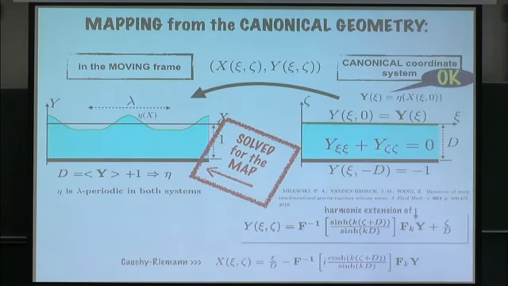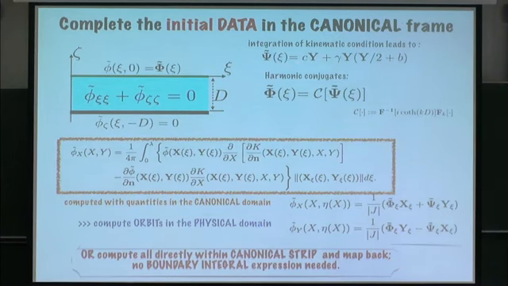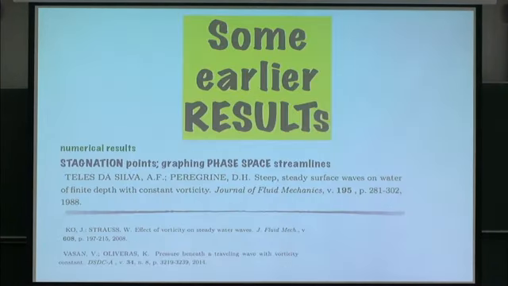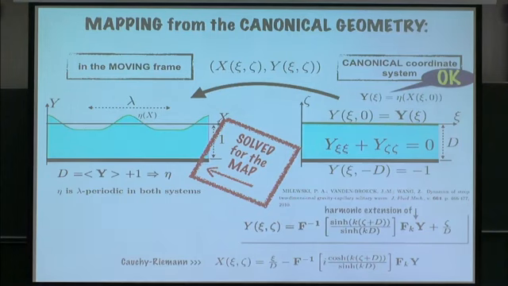Once we have these expressions all depending on Y, we can get anything we want, compute which is the point where the speed is 0, map to the physical domain, and do the animations. So this is the general strategy for setting up the problem.